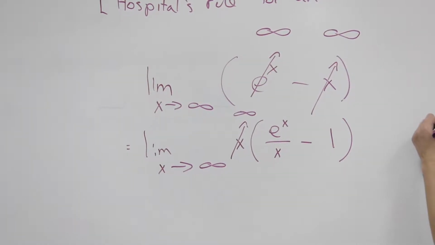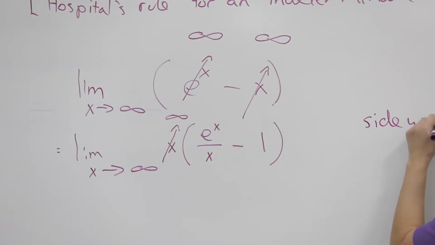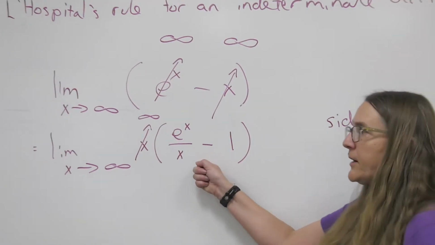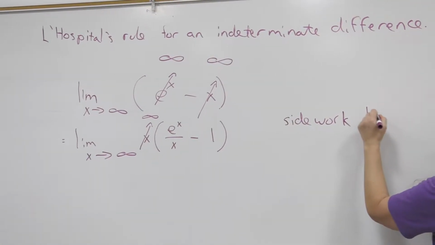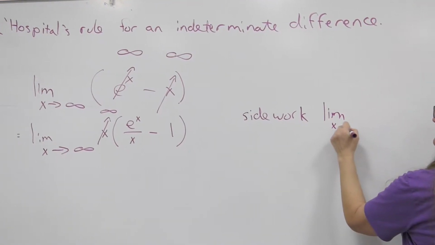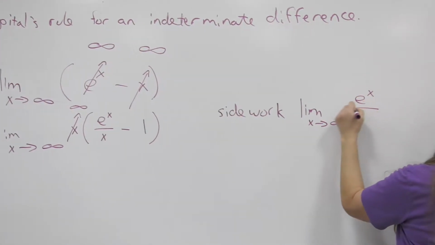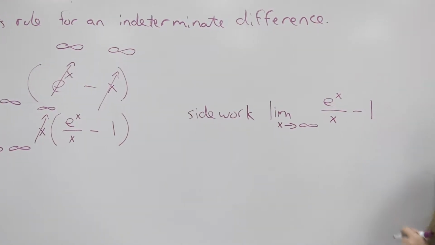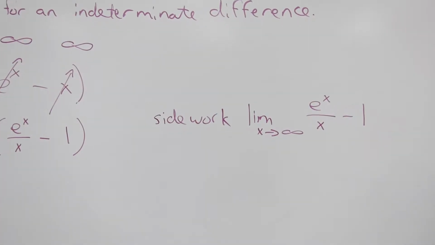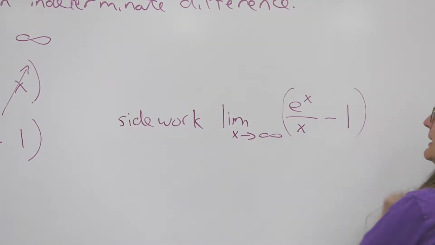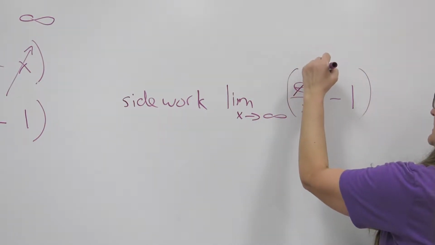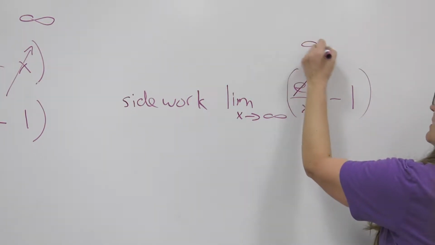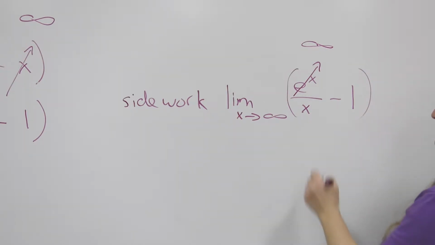But what that means is I want to do a little bit of side work so that I can figure out where this piece is going. So I'm going to say, let's look at the limit as x goes to infinity of e to the x over x minus 1. Well, here I can say this piece is going off to infinity.